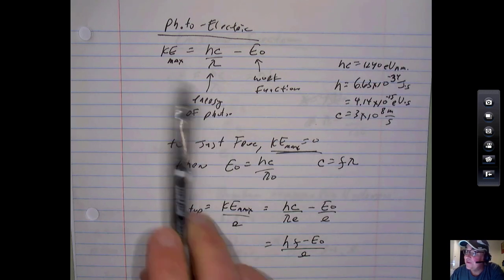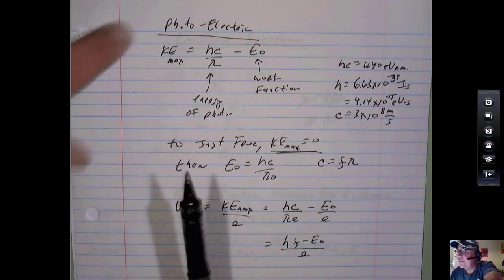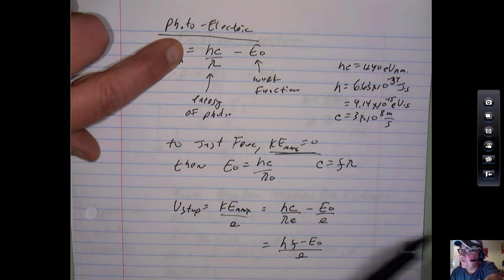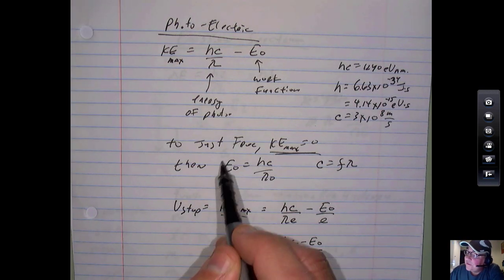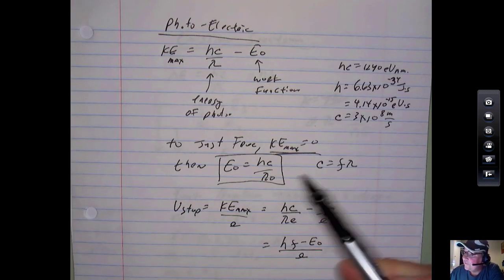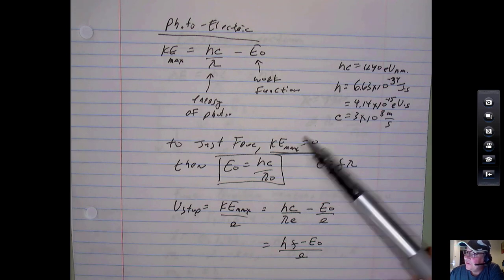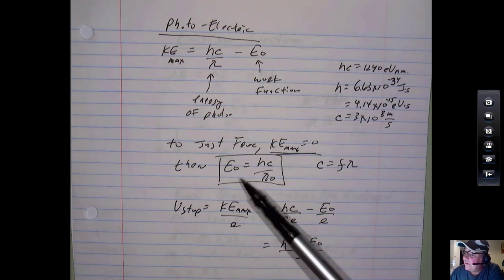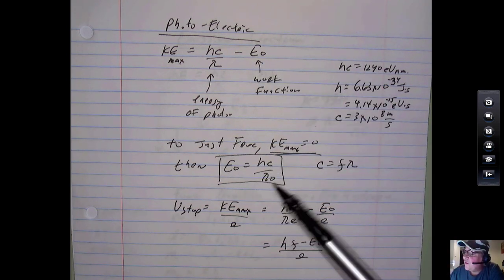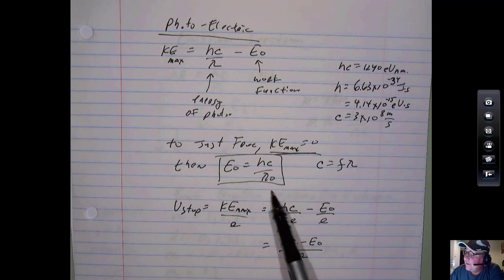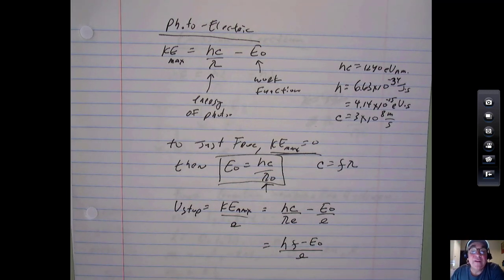So if the kinetic energy is 0, you can solve for the work function. Putting this condition on this formula, the work function is hc divided by the wavelength. And this is the largest possible wavelength that will just free an electron.